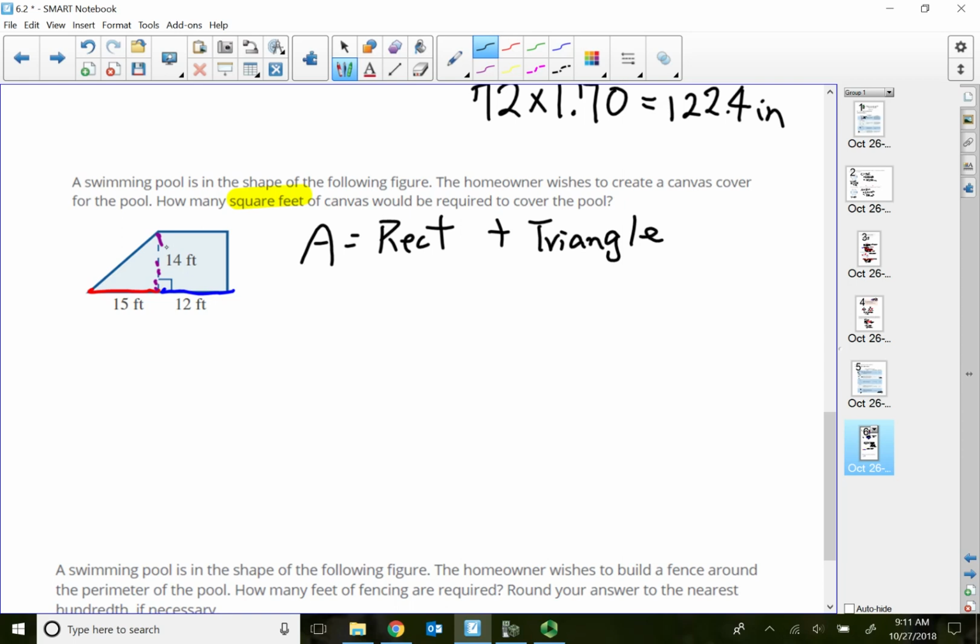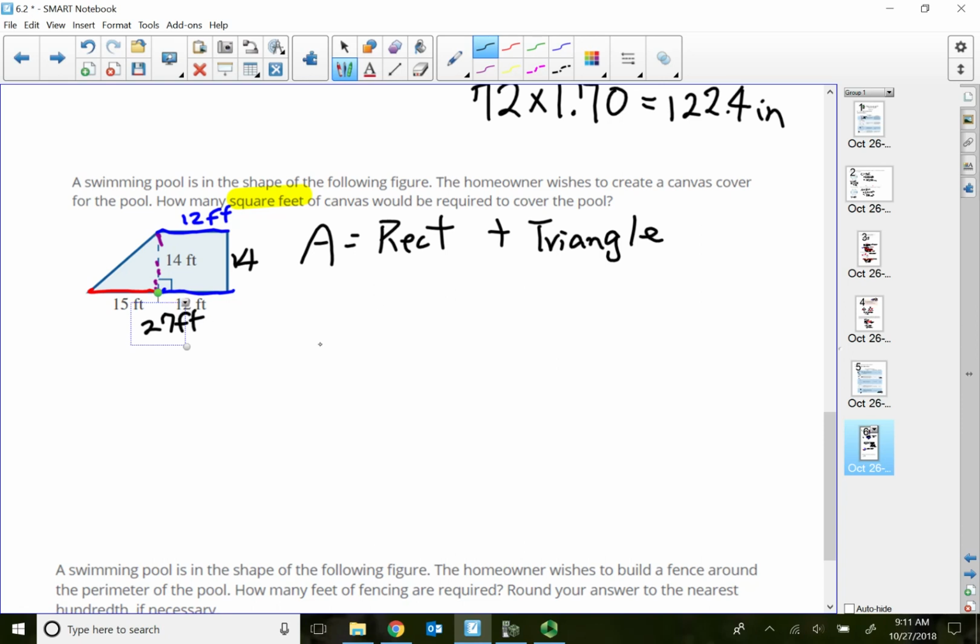This 14 feet right here is the width of the rectangle, which is also going to be the height of my trapezoid. So if the height is 14, up here, this top base of the trapezoid has got to be 12 feet. And this whole entire bottom, the longer base, has got to be 27 feet.